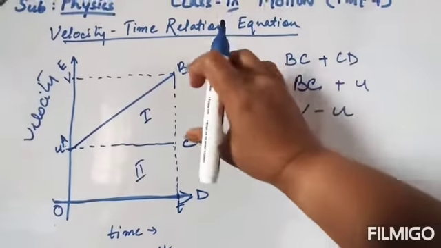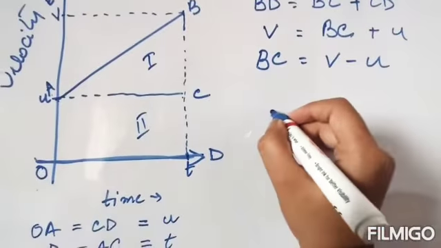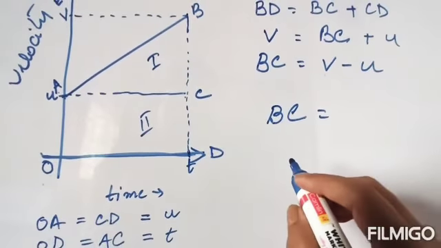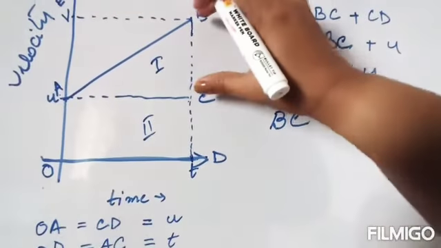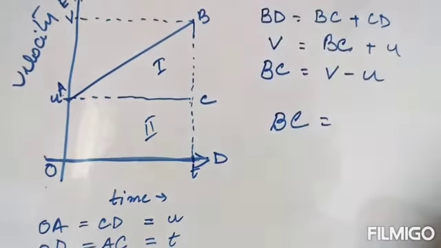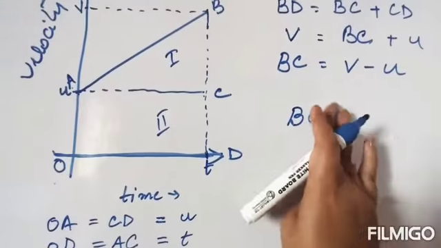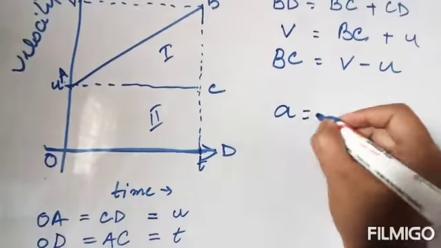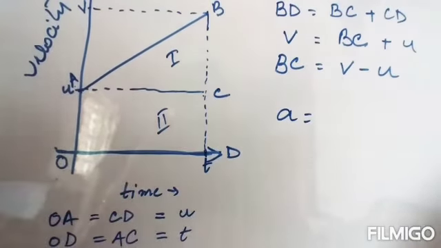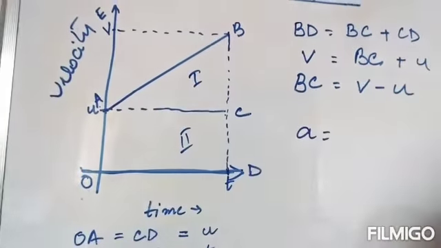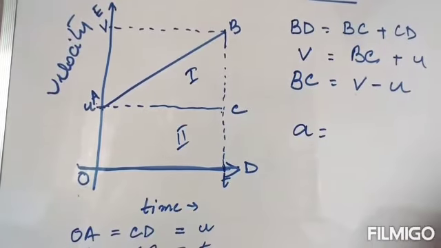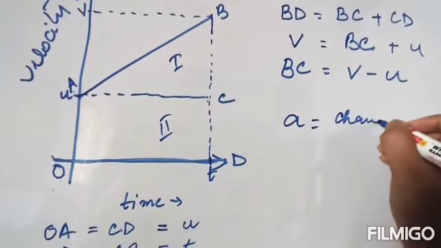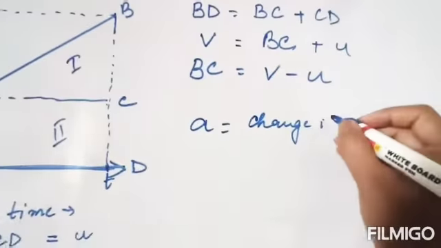Now, if I consider BC, okay, BC means this. If I want to derive acceleration from this graph, what will it be?